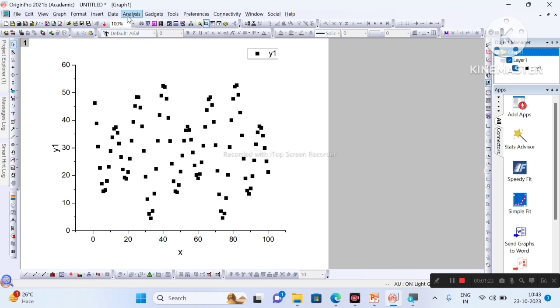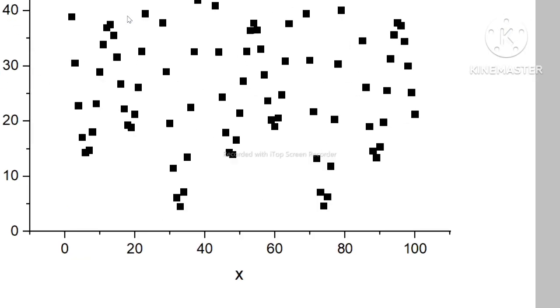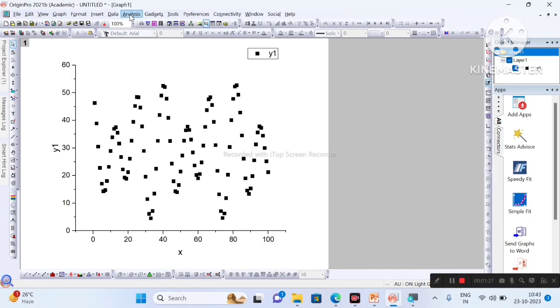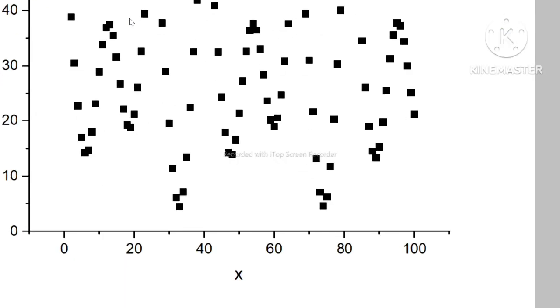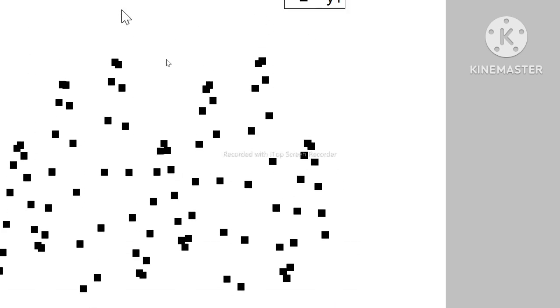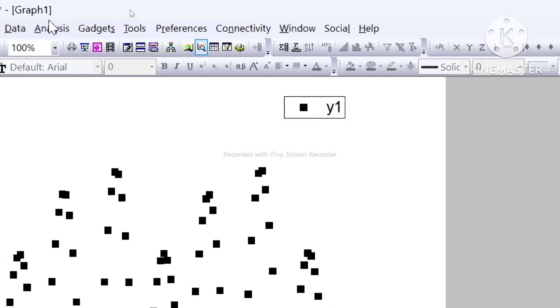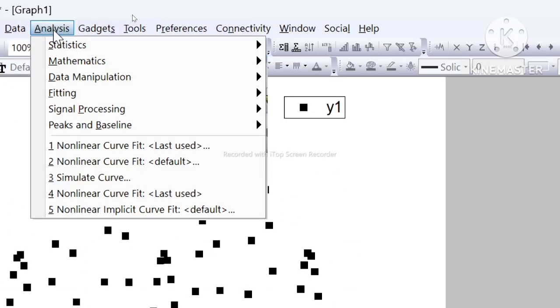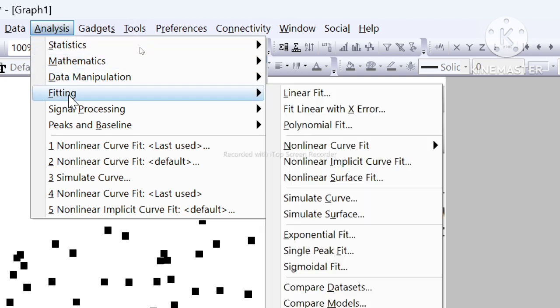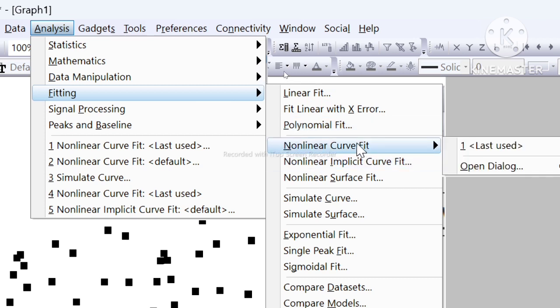In Origin software, you have to go to Analysis here, then go to Fitting, and here we have to choose a non-linear curve fit.